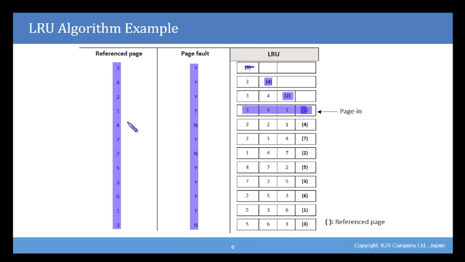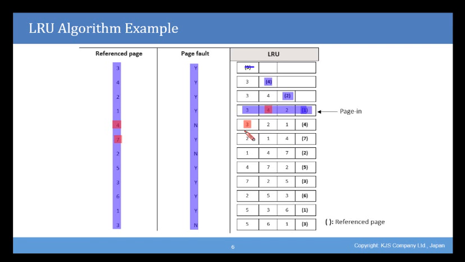Next we try and access 4. Here you can see we access our 4, but we've already accessed 4 in the line above, so all we do is rearrange the order in which the pages have been accessed. Next we access 7, and this creates a page fault because there isn't room in main memory for this page. So what we have to do is remove one from our previous selection. As we're using the LRU, the least recently used algorithm for page removal, we use a page out on our least recently used page.